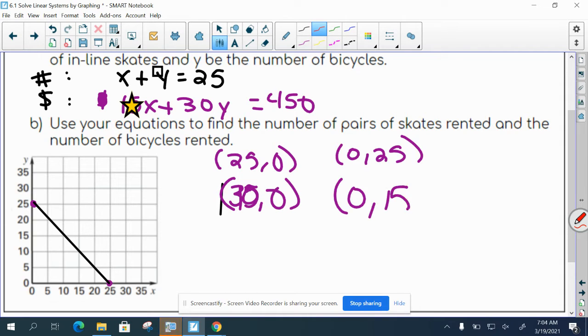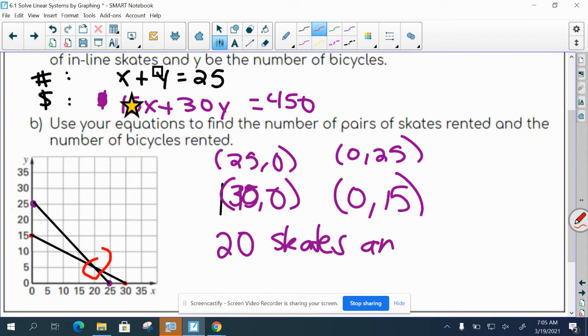So the points are (30, 0) and (0, 15). If I draw a line through them, the solution is where the two lines intersect, which is about (20, 5). That would be 20 skates and 5 bikes.